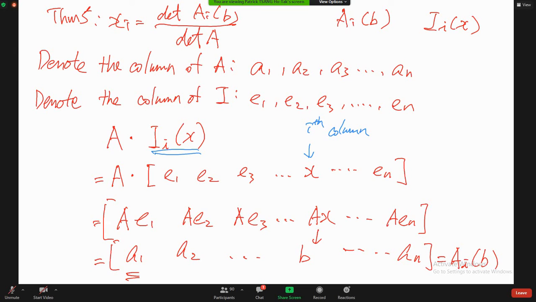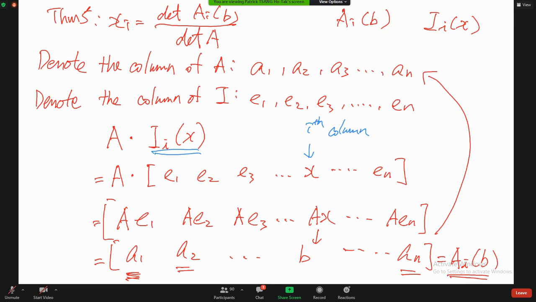This is A1, A2, until the last one An. Originally, if we remember clearly, all of them represent the columns of the original matrix A. But in the ith column, I replace the ith column by matrix B, right? So this is the definition of this matrix.